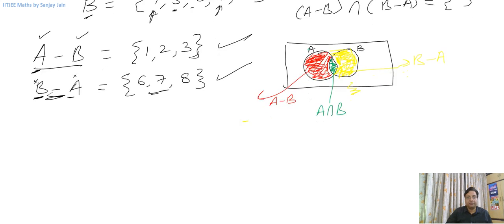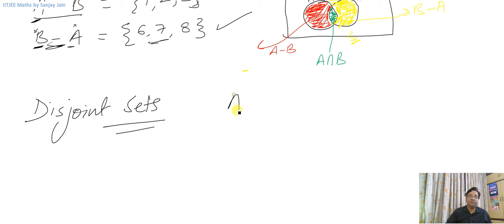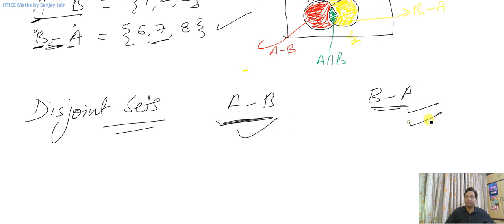Another term that I want you to learn here is disjoint sets. As we spoke about A minus B and B minus A, we know that this is a set, right? But was there anything common between these two sets? No, nothing was common. So such sets which have nothing in common are known as disjoint sets.